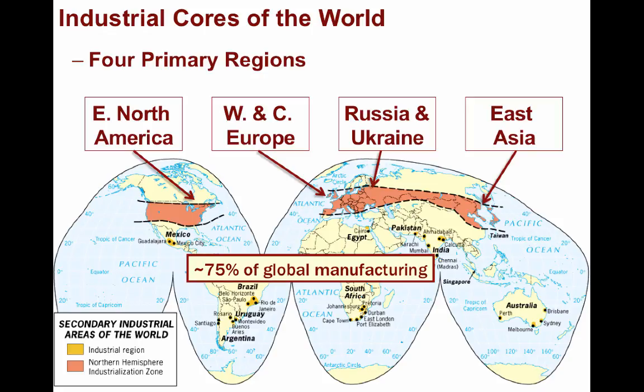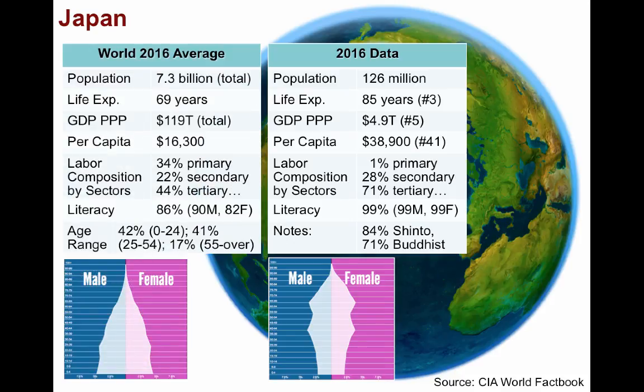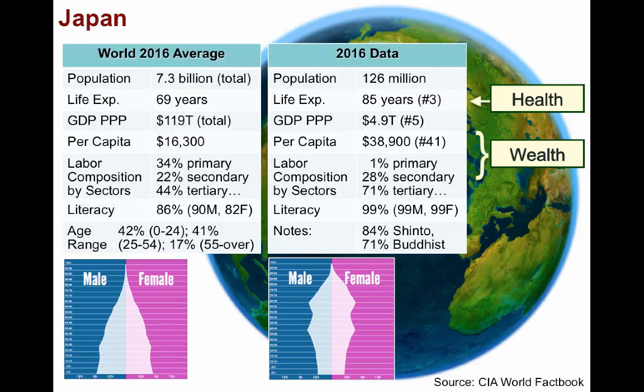To illustrate the economic and developmental dominance of the most developed countries, let's delve into some real numbers. As you can see with the country data in the chart, and looking at the population pyramid, Japan is one of the richest and most developed countries on the planet. Comparing Japan with the rest of the world, you can see it ranks toward the top in terms of health, represented by life expectancy; wealth, represented by gross domestic product with purchasing power parity; per capita income, and its labor composition by economic sector.